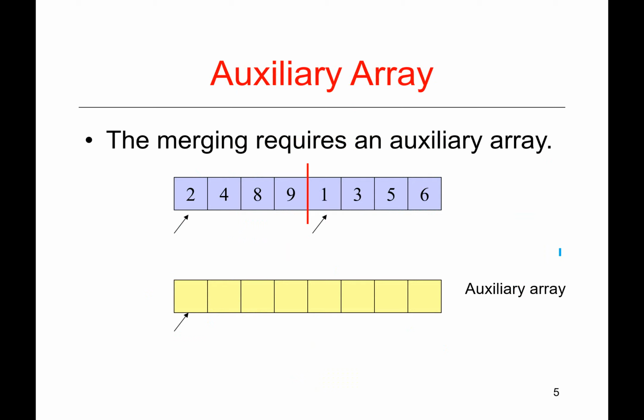Okay. And in this merge sort, we need an extra array to save the merging results. And for the merge, given two sorted lists in this part, this is the sorted list for the left half. This is the sorted list for the right half, because we talk about the merging, right?